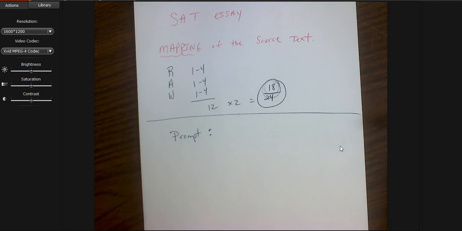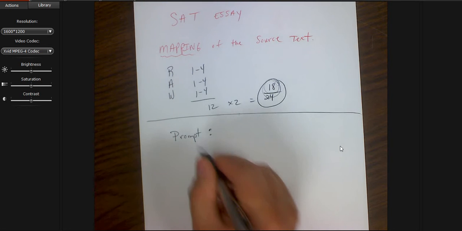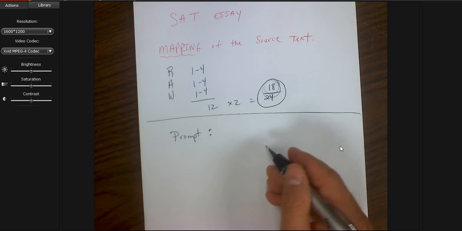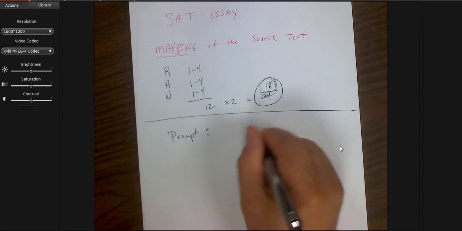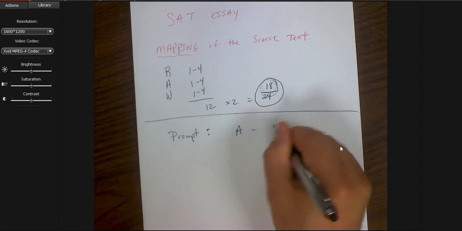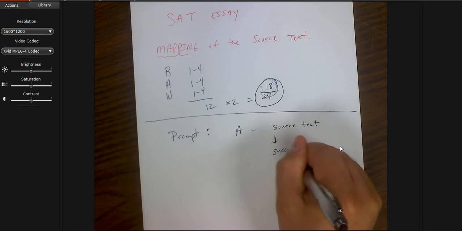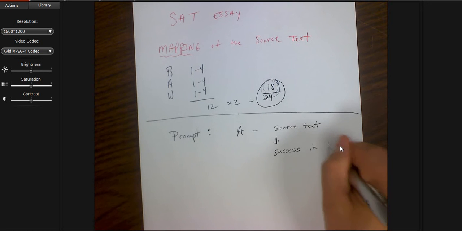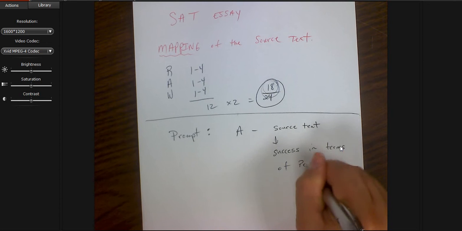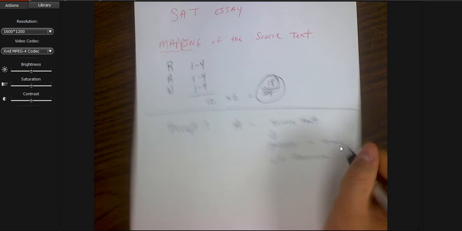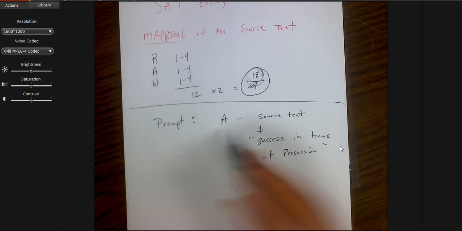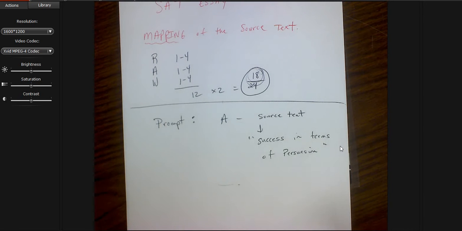They could be authors that were not as famous either, but they're going to provide some sort of source text, and your job is to analyze the source text and determine its success in terms of persuasion. And so when you look at the prompt itself, analyzing a source text to determine whether it's not whether it was successful, but where the success is at in the source text.